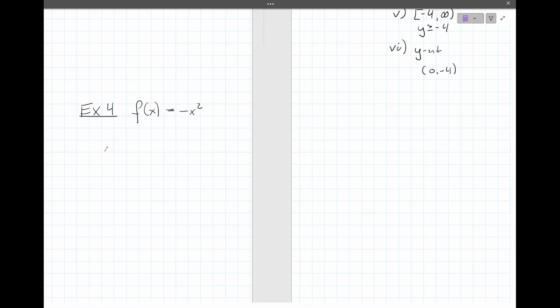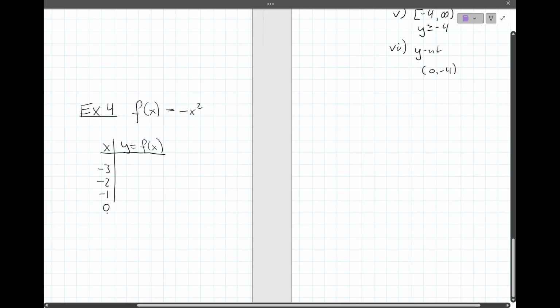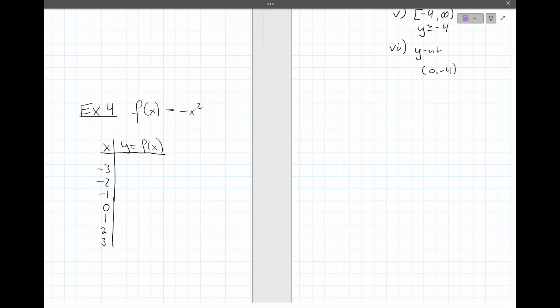So let's just start and say x, and our y values are equal to the function output, so y equals f of x. Negative 3, negative 2, negative 1, 0, 1, 2, 3. Put that all together. Well, what I'm going to get is negative 3 squared, right?